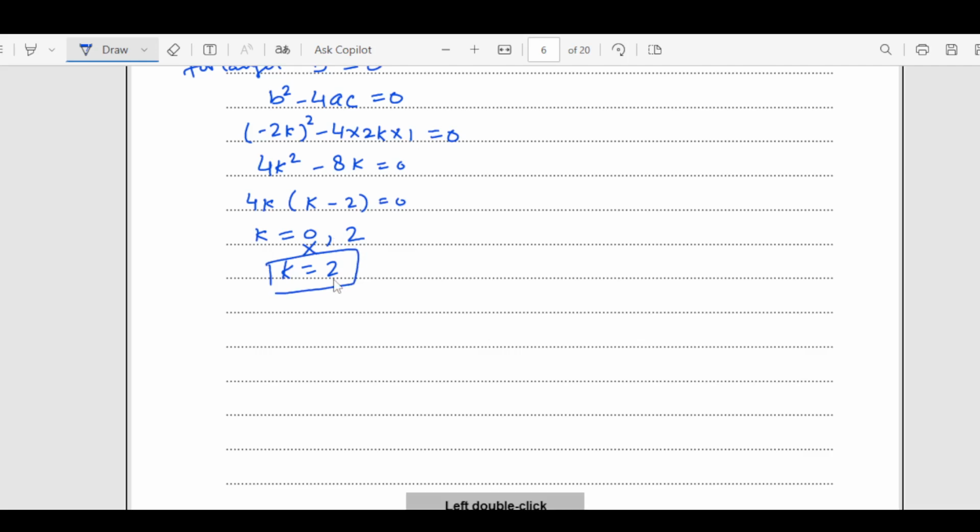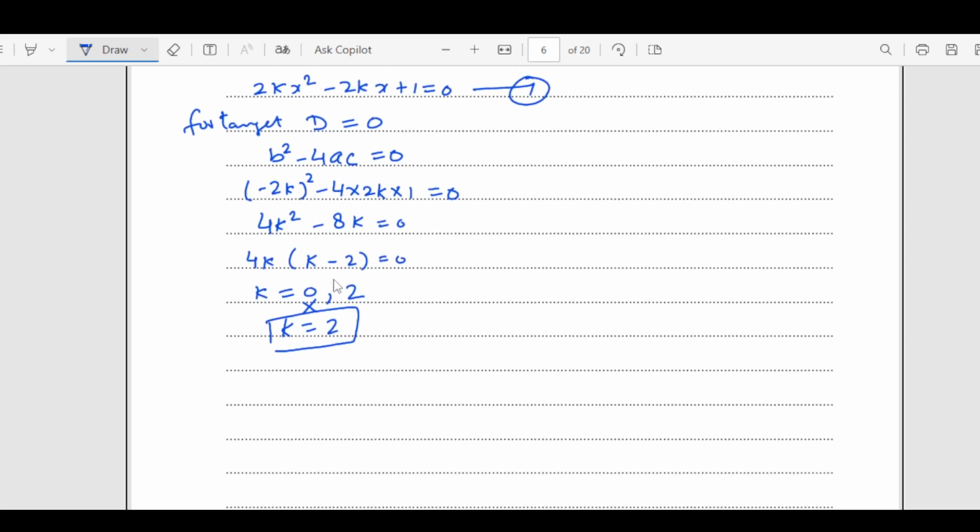For this, first of all I will use equation number 1. From equation 1 substitute the value of k as 2. So this is 2 into x squared minus 2, k is 2, then x plus 1 equals 0. So this is 4x squared minus 4x plus 1 equals 0.